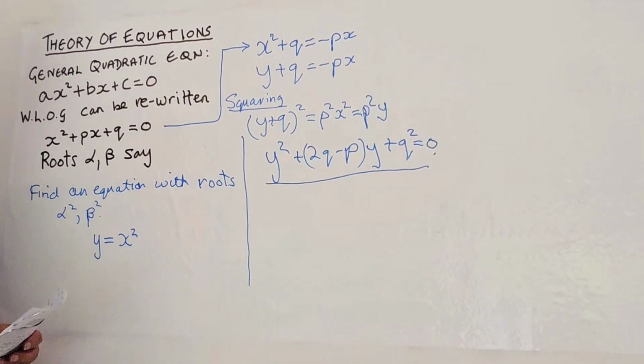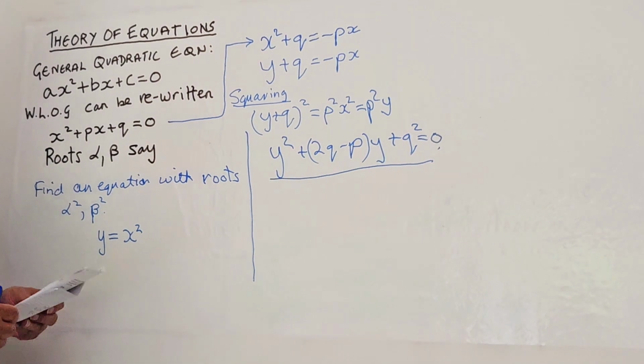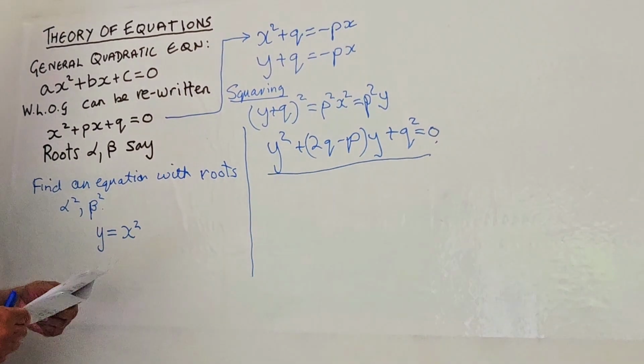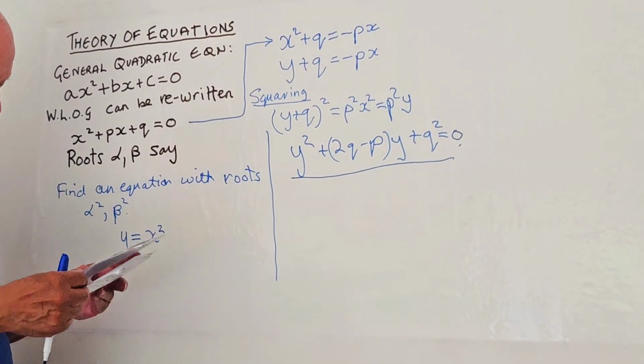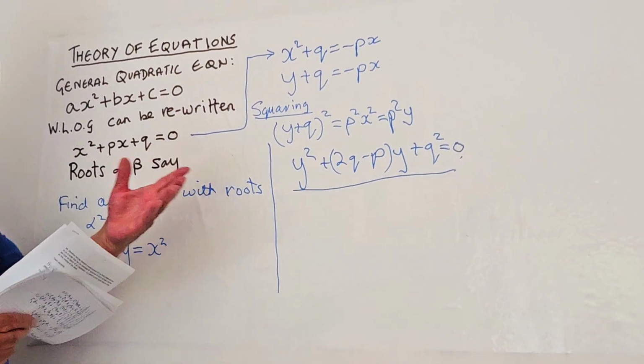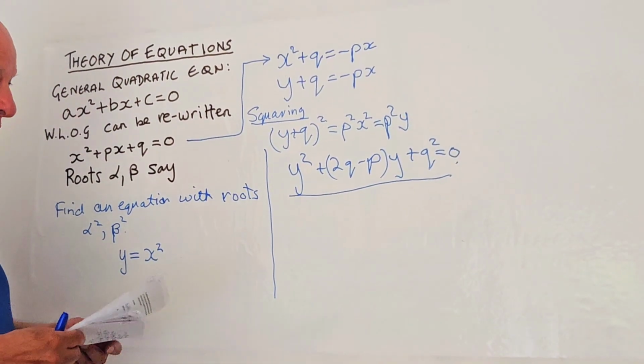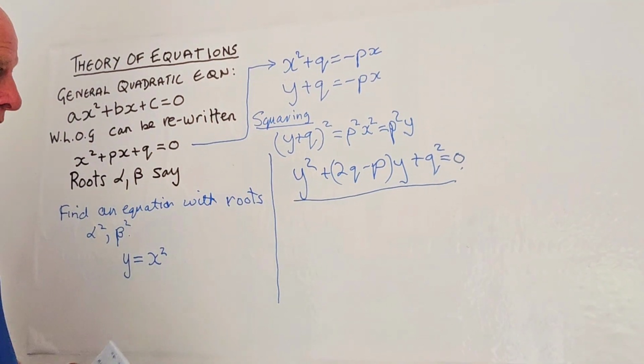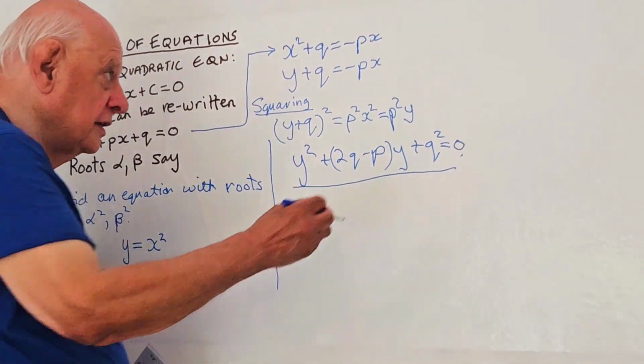Now, that was my way, but there is an orthodox way of doing that, which I shall now do. And then it's up to you, if ever you get a problem like this, whichever way you want to do it, okay? So the orthodox method is as follows.